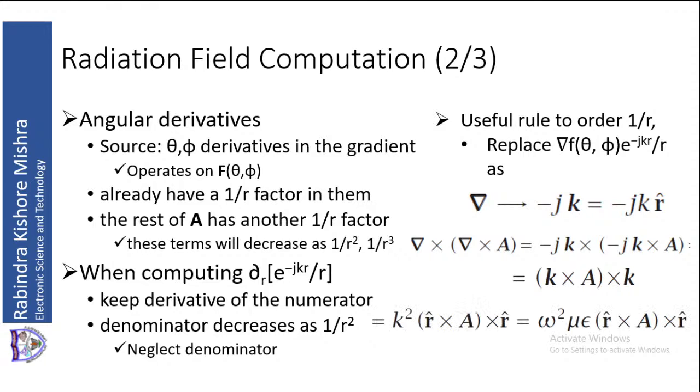The minus goes inside because the order of multiplication is changed. Using the back-cap rule, this gives us k square r cap cross A cross r cap. For k square, we can write omega square mu epsilon, that into r cap cross A into r cross r cap.